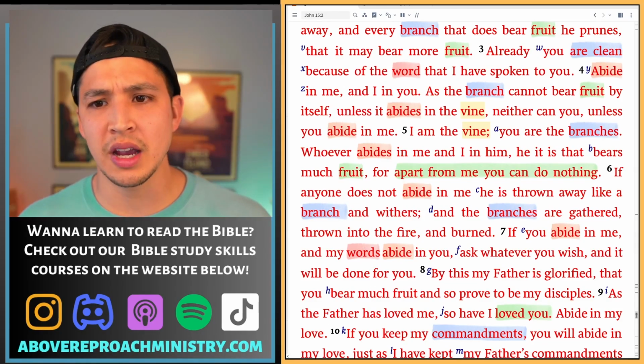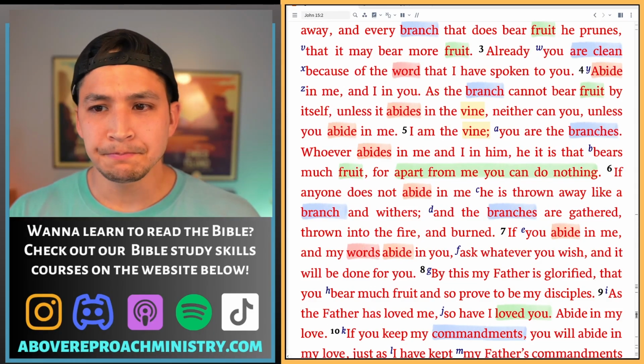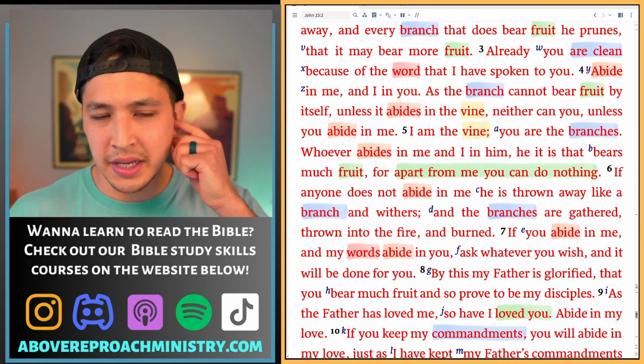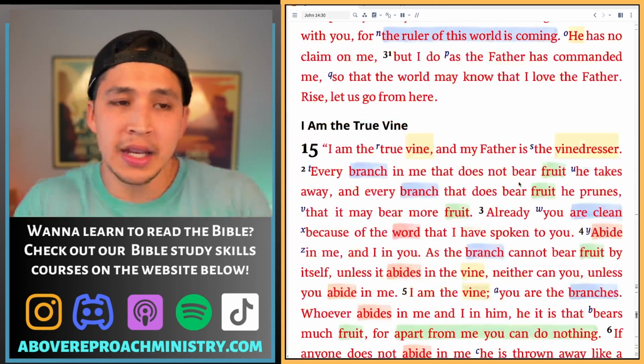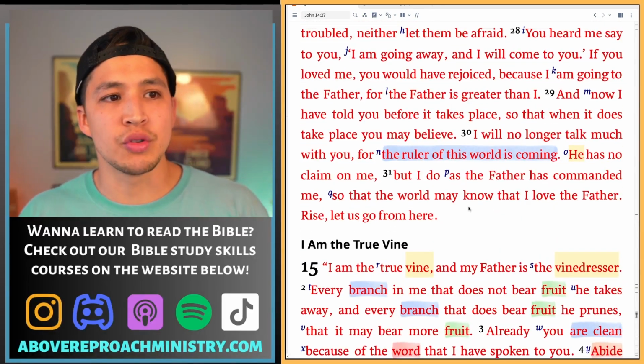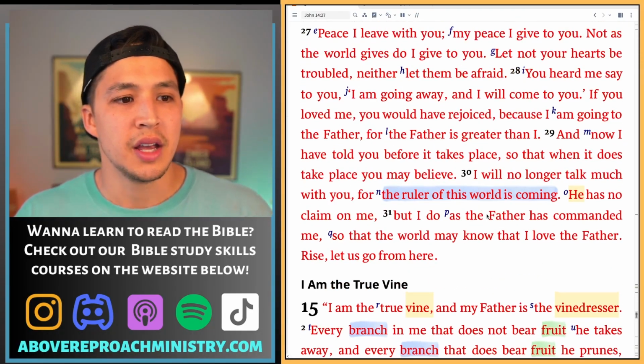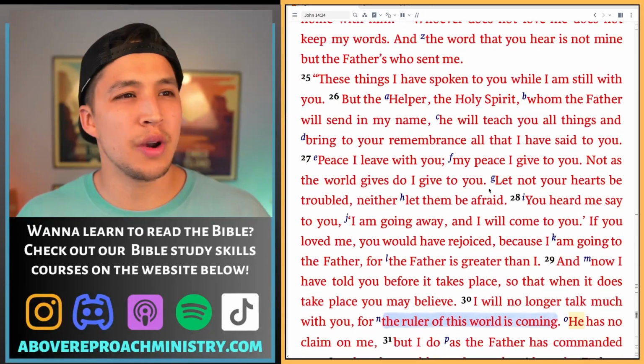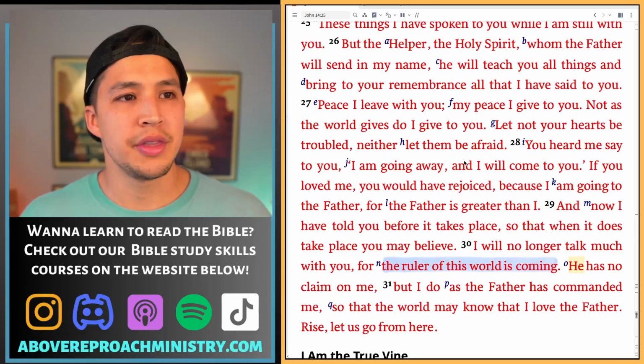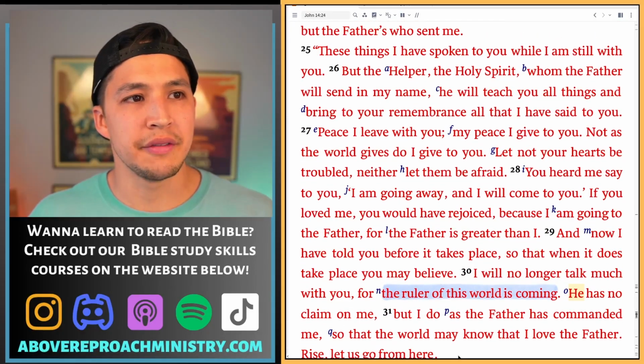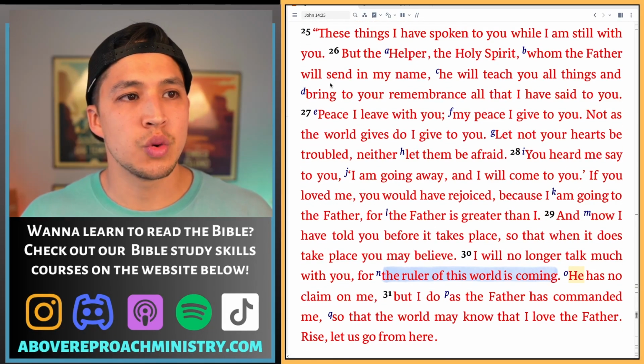So the previous section of Scripture is separated naturally by ideas, and so technically the section that comes right before this would be John 14:25-31.